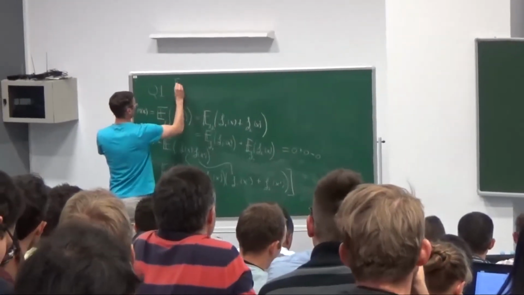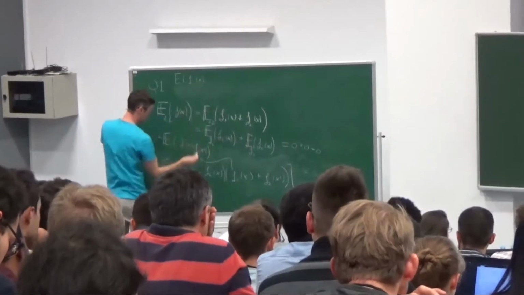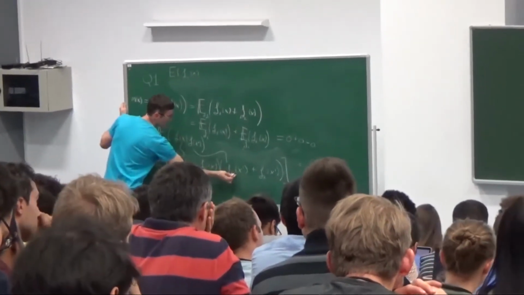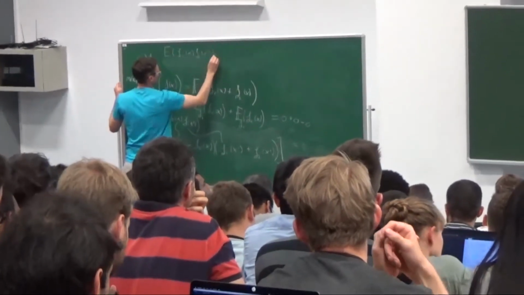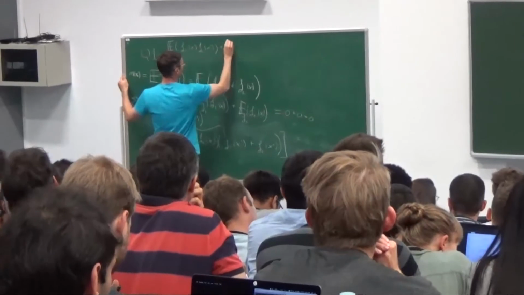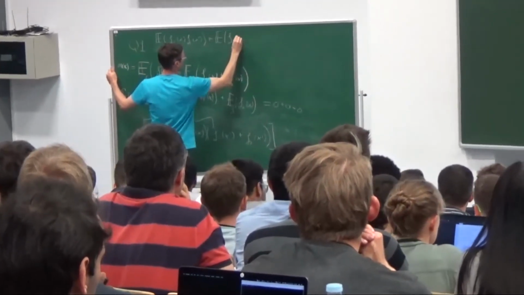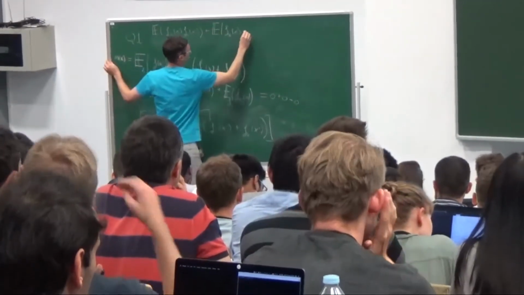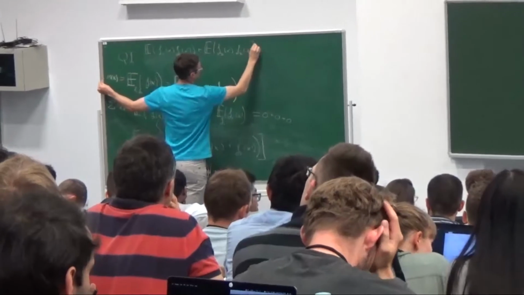So we have the expected value of f1 of x from here, multiplied by f1 of x prime from that, plus the same for f2 of x prime.